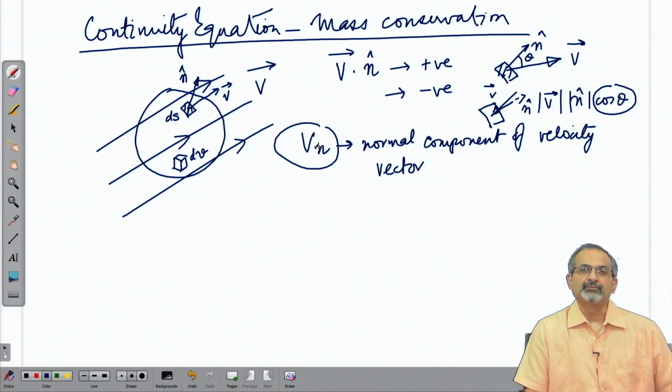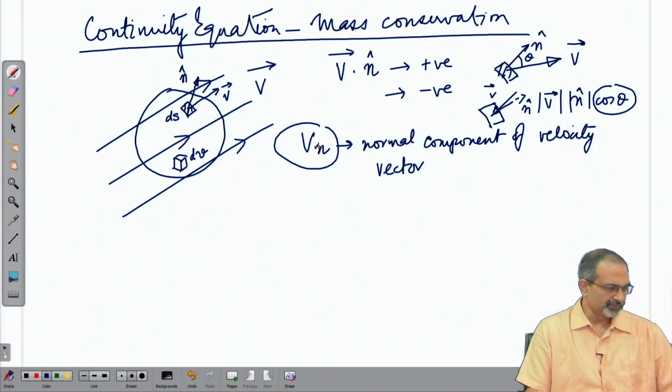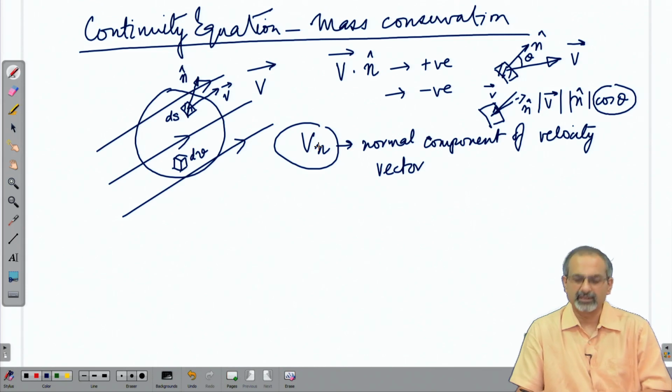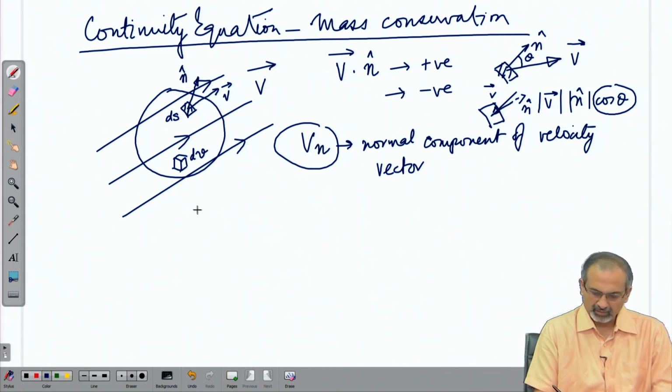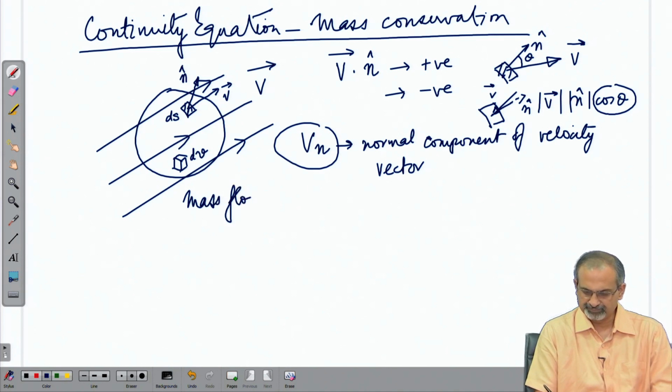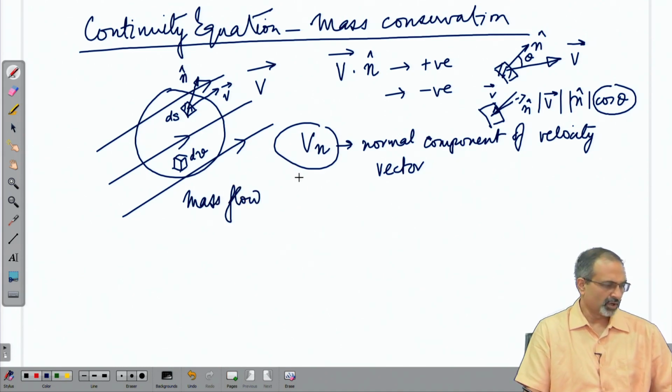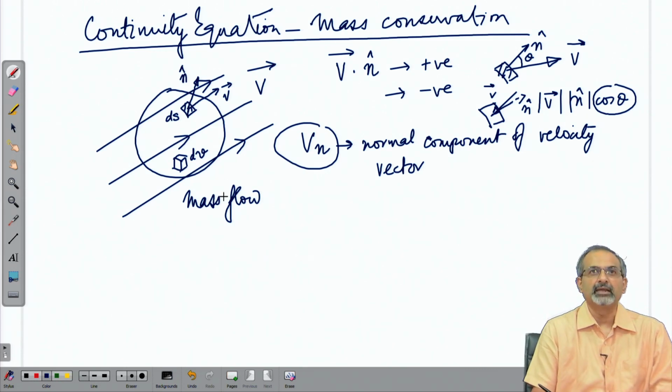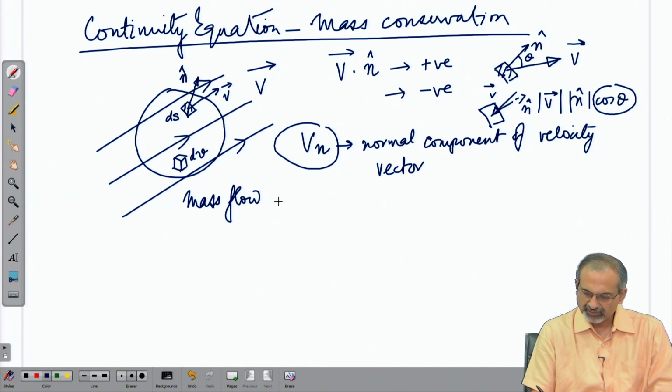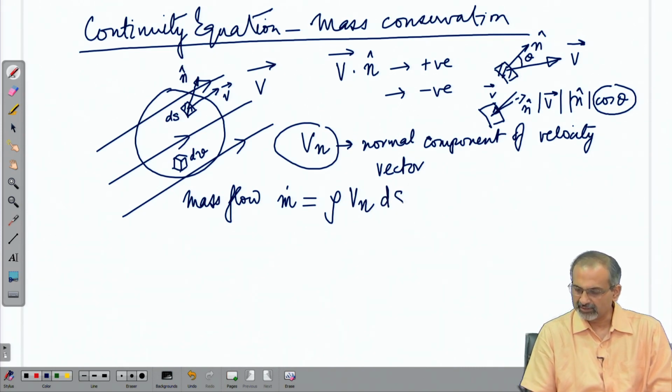And then if you look at this quantity V n, it helps us to define a very important quantity, which is the mass flow. So, how would we define the mass flow? Through that elemental area dS, we can define it as m dot, which gives you rho times V n times that elemental area dS, let us say.